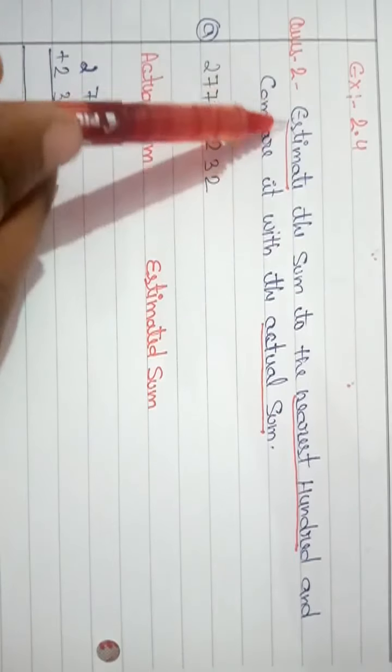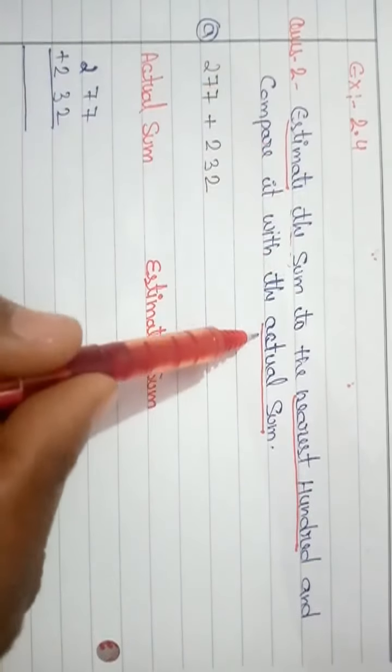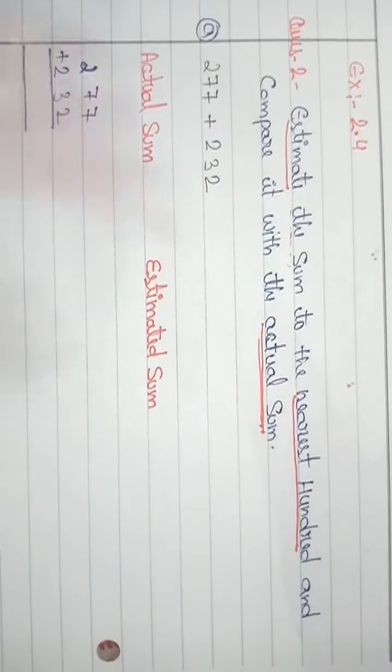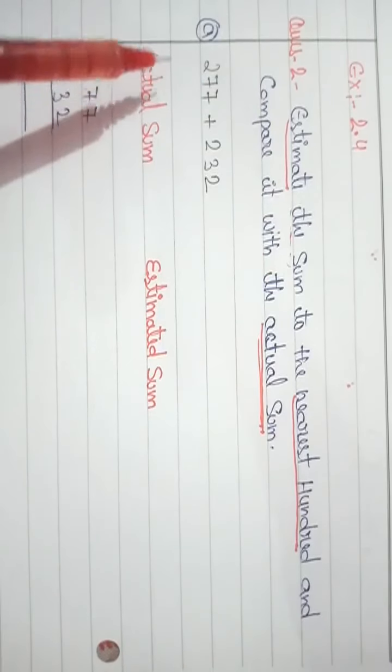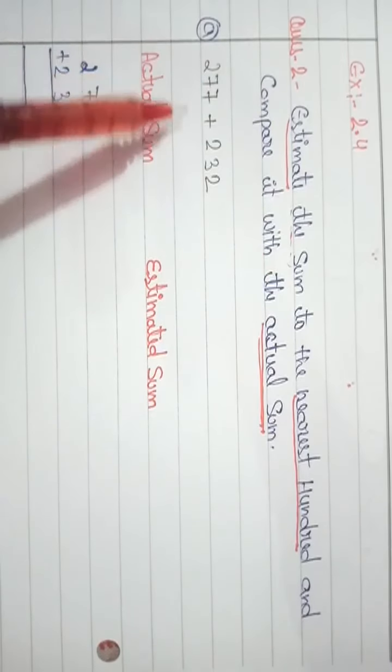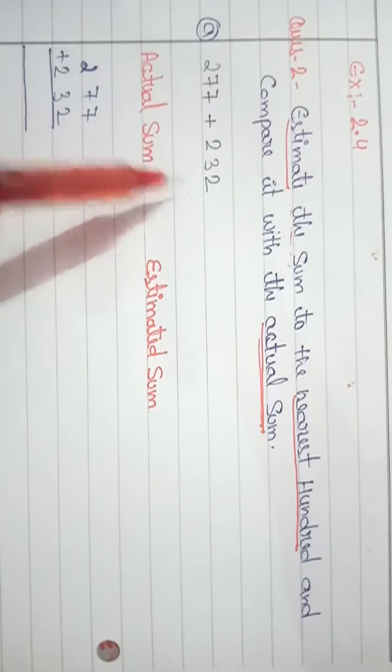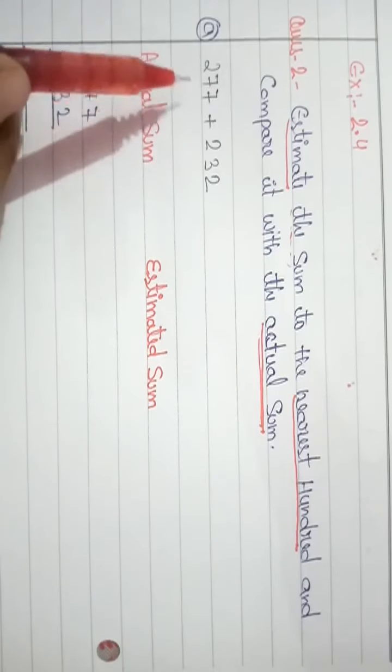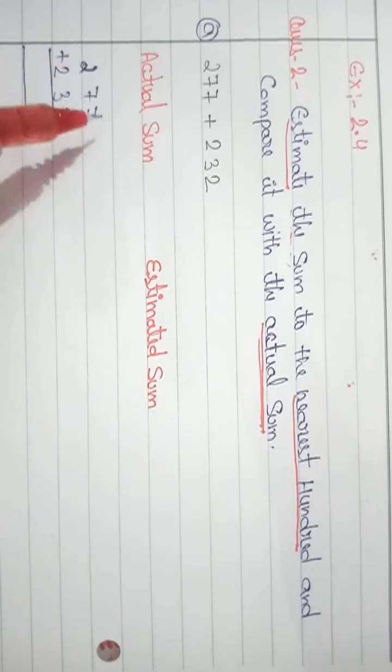So here we will find estimated sum and actual sum to the nearest 100. So A part is 277 plus 232. So actual sum of this number will be 277 plus 232.